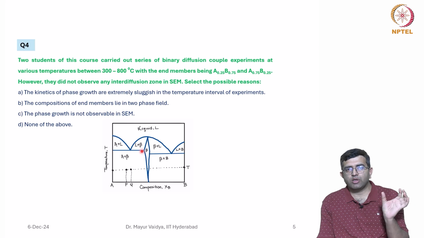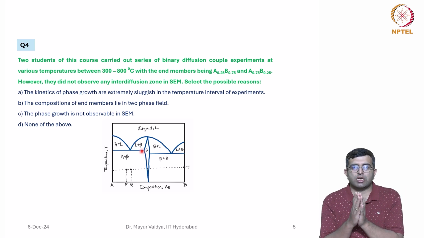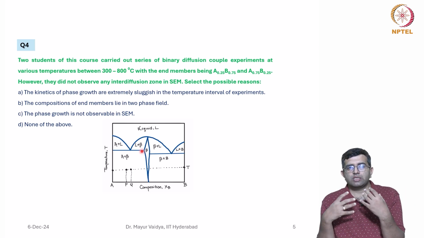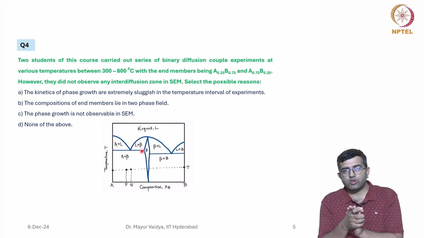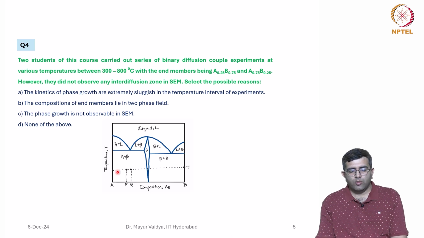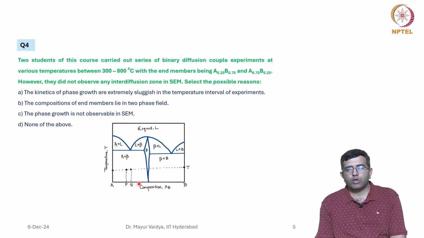Remember, we understood this from the G versus X curve, that it is the chemical potential gradient which really drives the diffusion. In most cases, it is the same as the concentration gradient, but it need not be true. For example, here you may see that Q has a higher amount of B than P, but the chemical potential is the same, and therefore you don't see a phase growth.